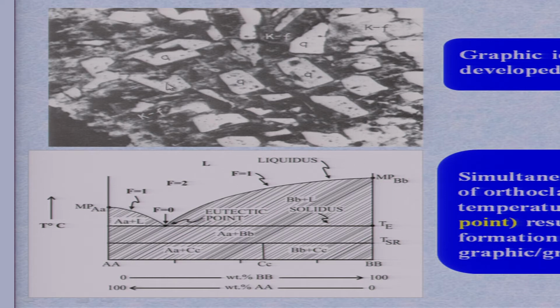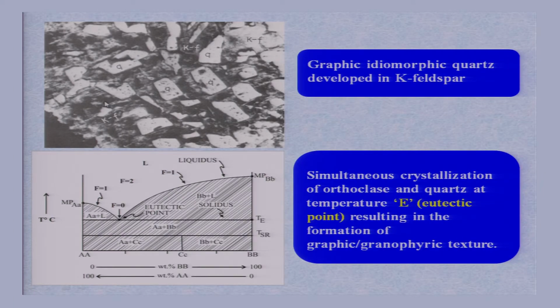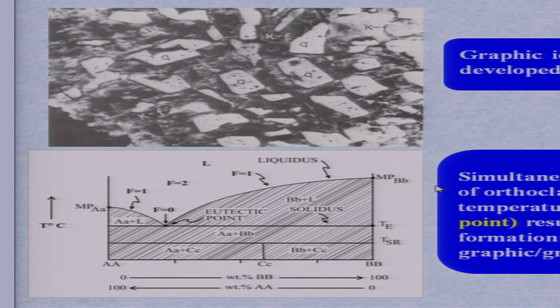The simultaneous crystallization of quartz and orthoclase. Suppose this is A or B, two minerals are there, one is quartz, one is orthoclase. This is the crystallization curve. The crystallization curve of orthoclase follows this curve, whereas the quartz crystallization follows this curve.